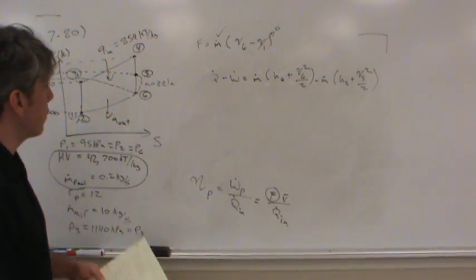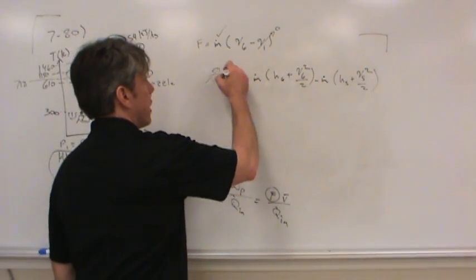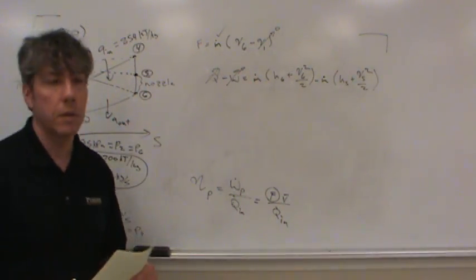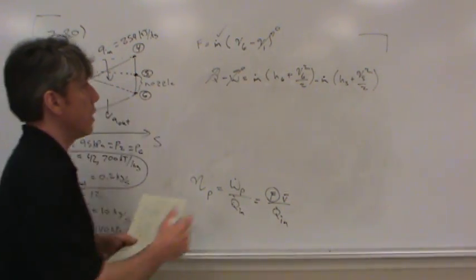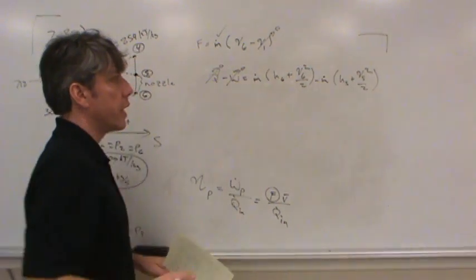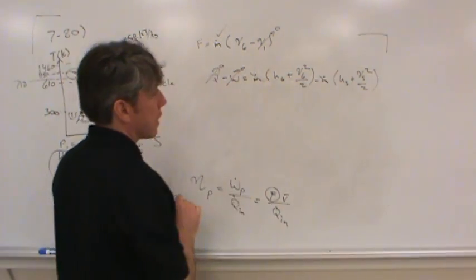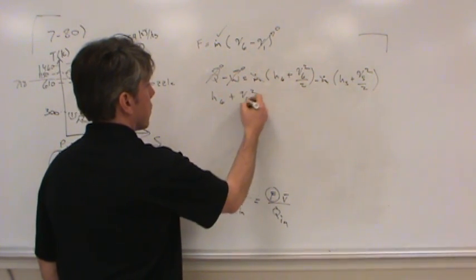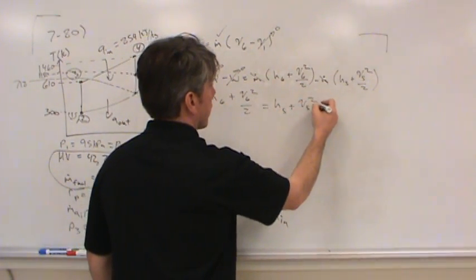And what we're going to do is apply this to the nozzle. Now, ideally, the nozzle won't have any heat or work interactions. There's no moving parts that do significant work in the nozzle. And the air doesn't spend enough time in the nozzle to have significant heat transfer. So those two go away. And you'll notice since we have a 0 on the left-hand side, we can cancel the mass flow rate. And what we get is H6 plus V6 squared over 2 equals H5 plus V5 squared over 2.